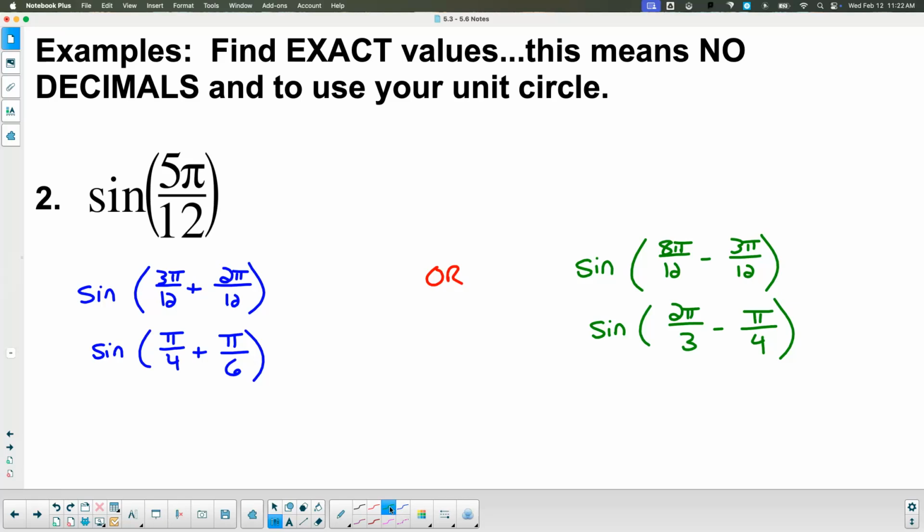Nine pi over 12 minus 4 pi over 12 would also work there: 3 pi over 4 minus pi over 3. All right, so let's do blue then.